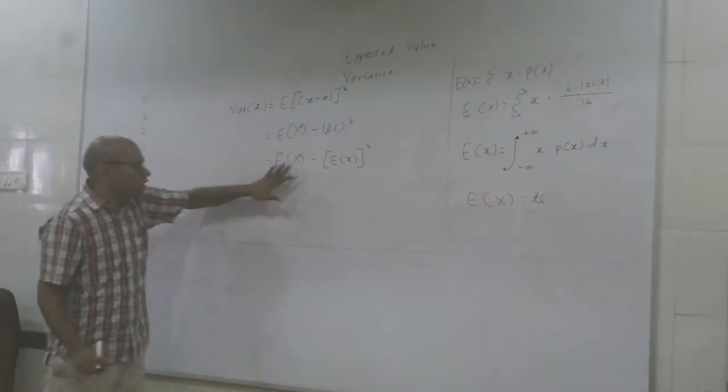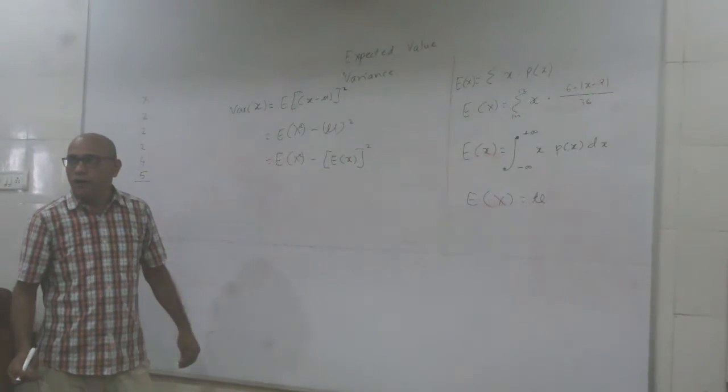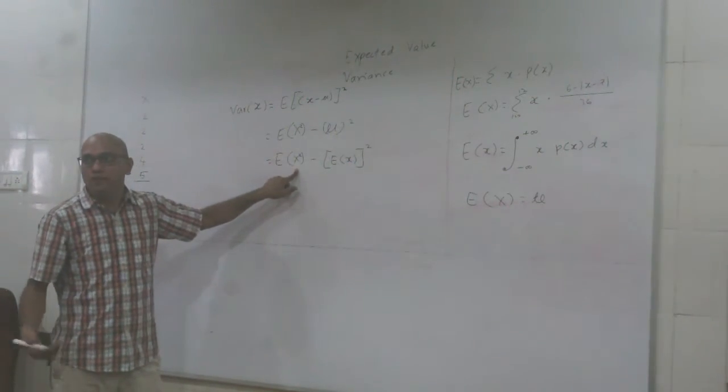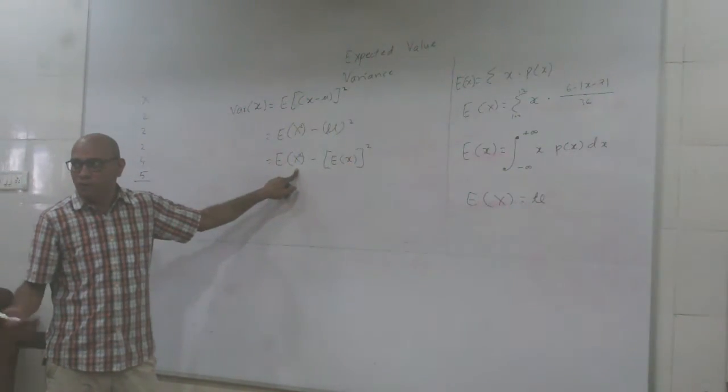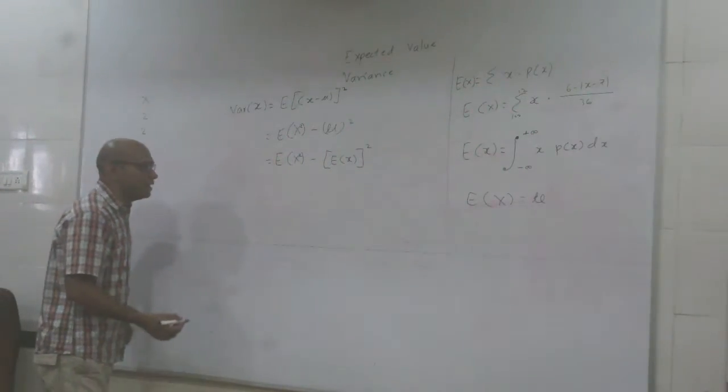So we are doing expectation of x square. I need to take x square as the values rather than x. I know the probabilities associated with x, right? So how would I get it?